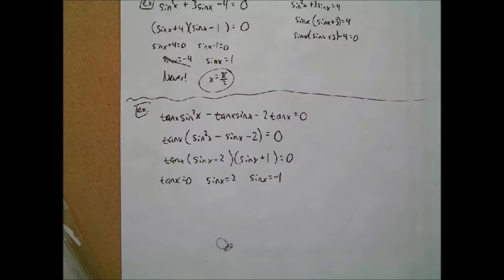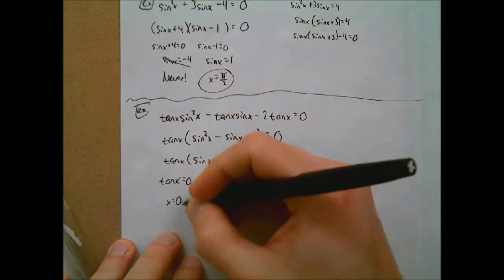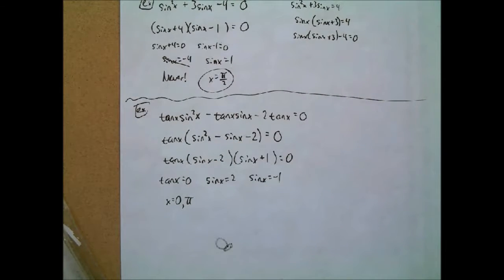So sine is 0 at 0 or 2 pi, but 2 pi is not in our range here. So 0 and pi. Okay, 0 and pi. All right.